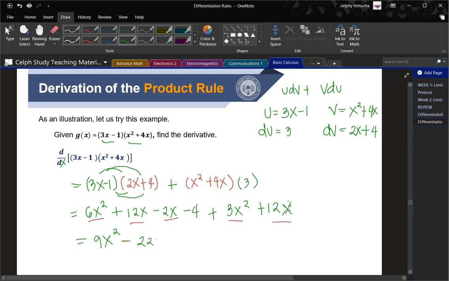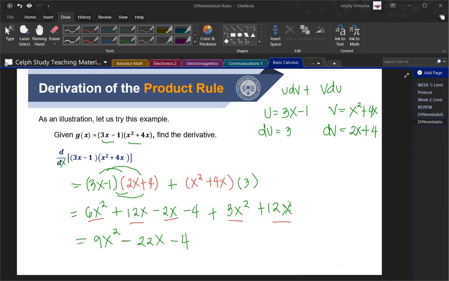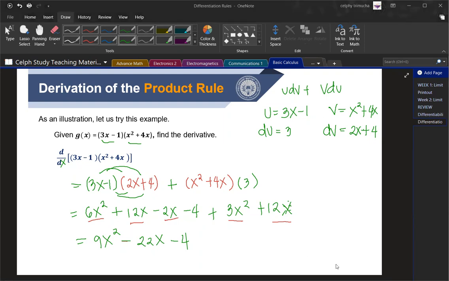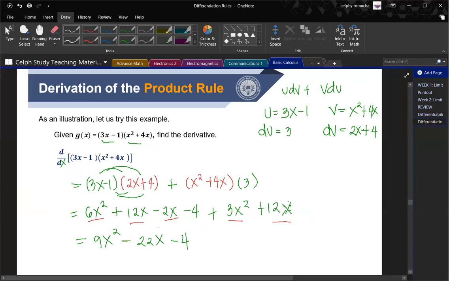So that will be plus 22x minus 4. So this now will be aton nga g prime x.